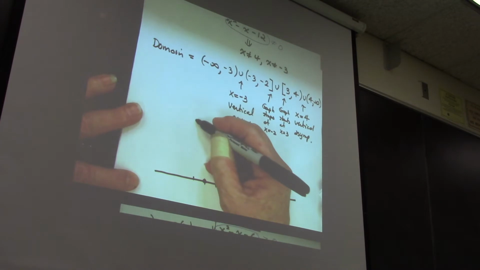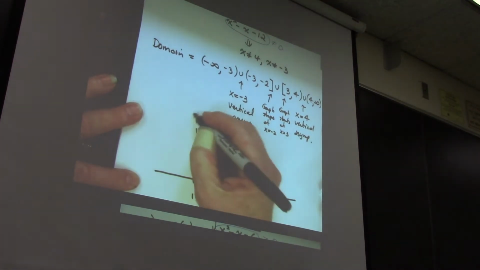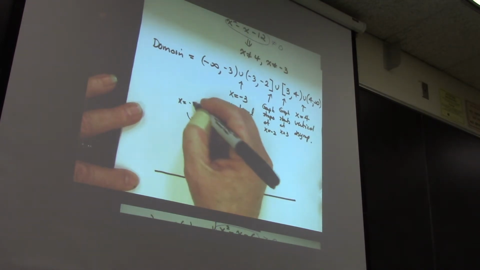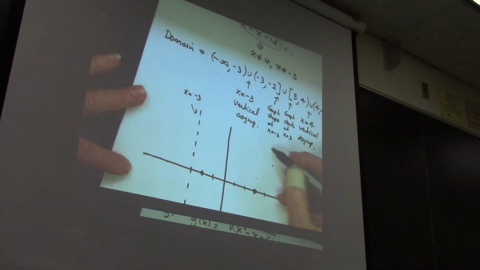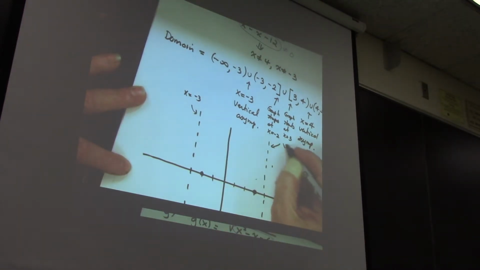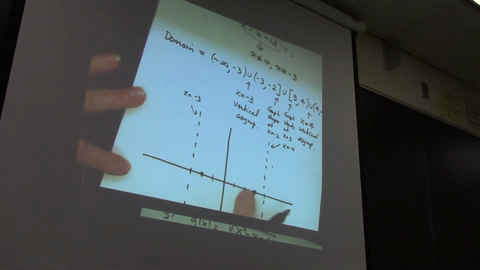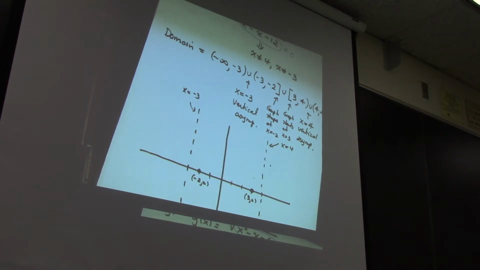And then we have a vertical asymptote at x equals negative 3, and another vertical asymptote at x equals 4. No points on the graph in between negative 2 and 3. Absolutely nothing going on. Okay, let me type in the function and see if it makes sense with what we think should happen.